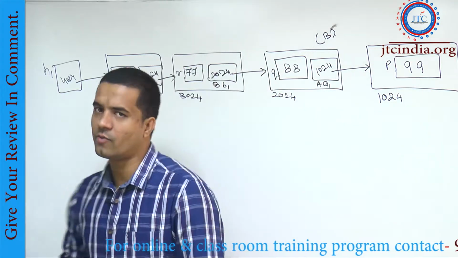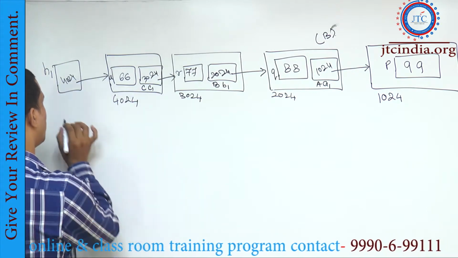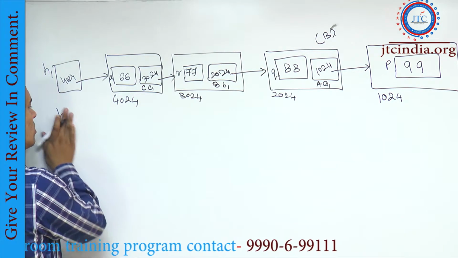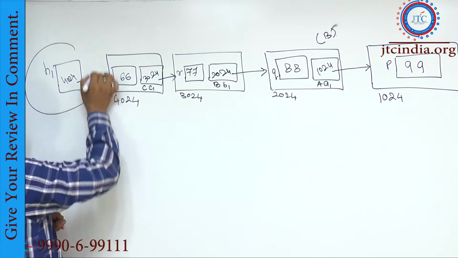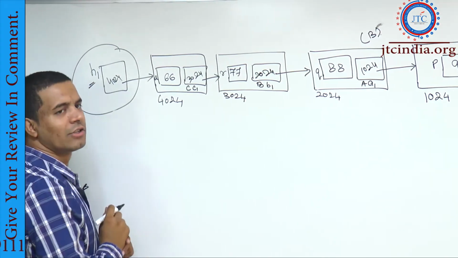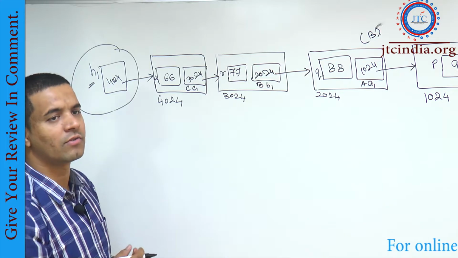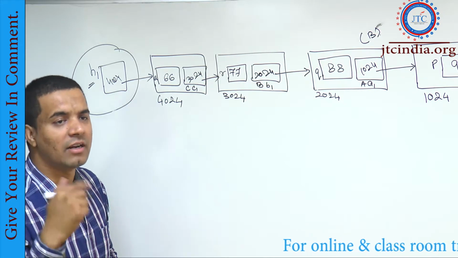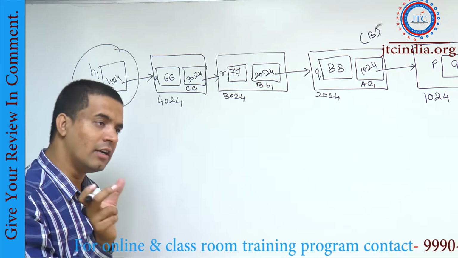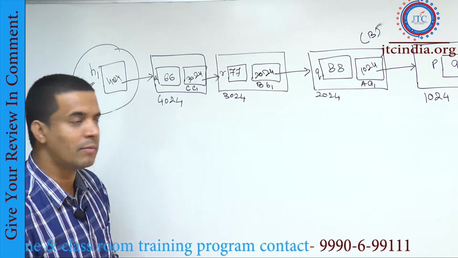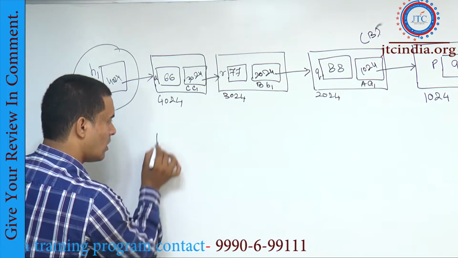When you have written h1.myClone, on h1 the current working object was which one? This only. So on this object reference itself you have called the myClone method, and inside the myClone method, the clone method's default implementation is to clone the top level object.